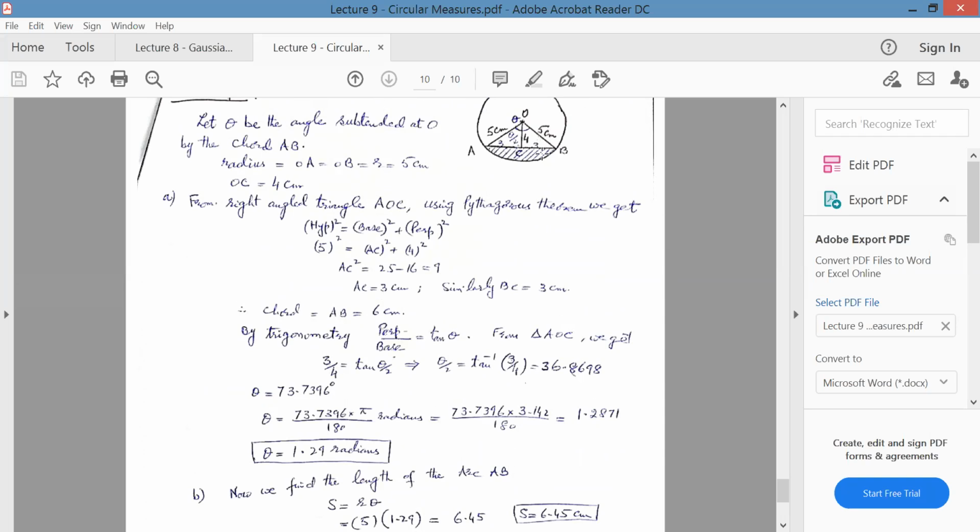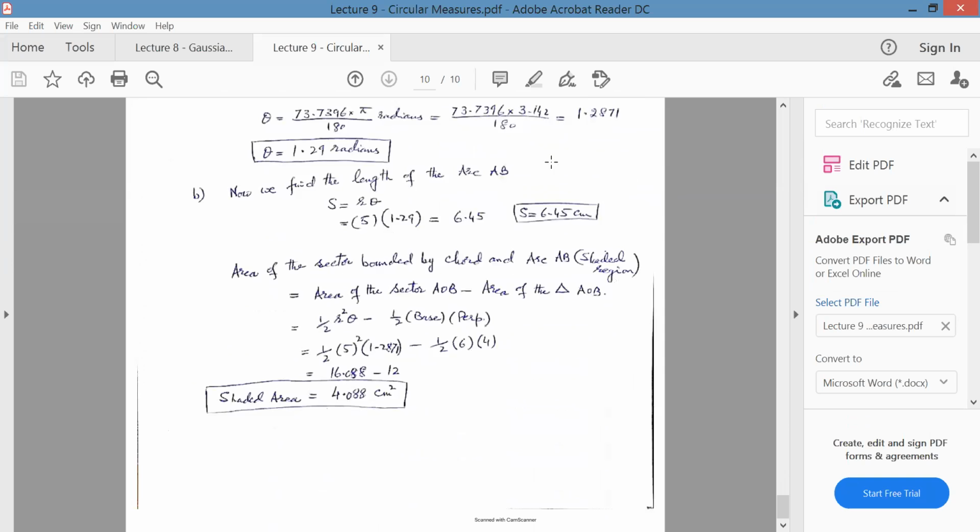Half into 6 into 4. देखिए half base into perpendicular, half 6 into 4. Simplify, 2 3 the 6, 3 4 the 12. और इसको सिंप्लीफाई किया तो ये आ गया 16.088. जस्ट सब्ट्रैक्ट 12 फ्रॉम इट, आंसर विल बी 4.088 सेंटीमीटर स्क्वायर.